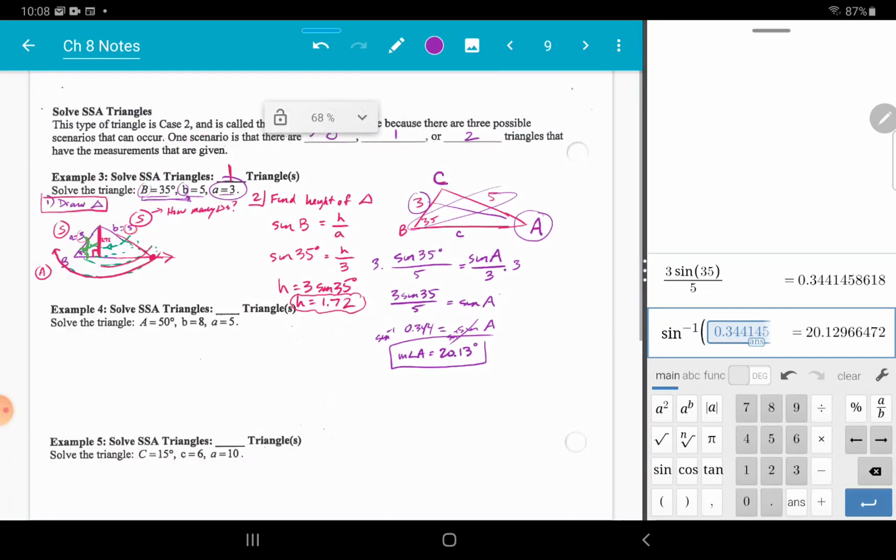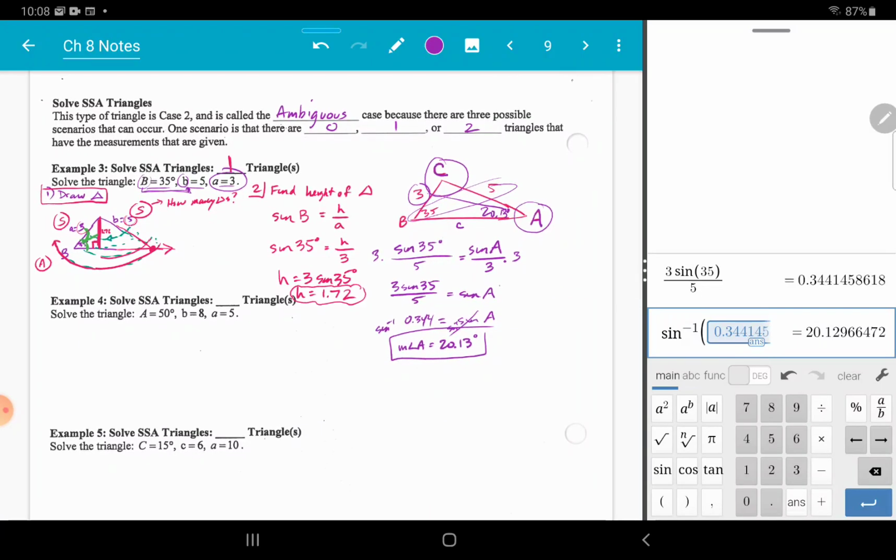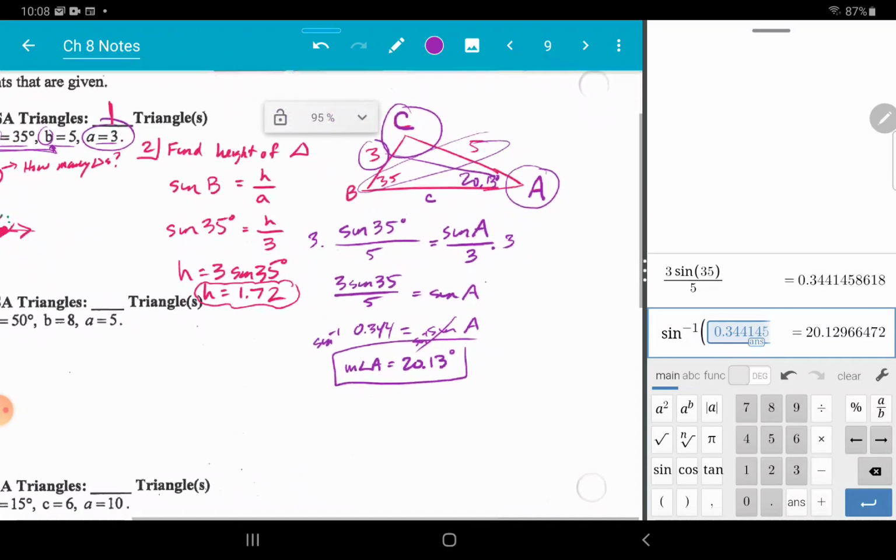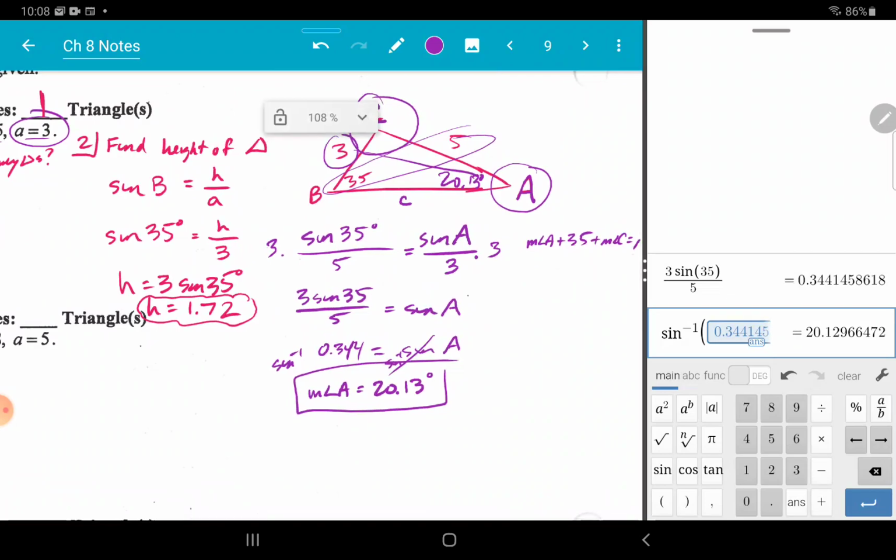Now that I know that this is 20.13 degrees, we can also find angle C, and that's pretty easy to find. We know that a triangle is made up of 180 degrees, so the measure of angle A plus the measure of angle B, which is 35 degrees, plus the measure of angle C is equal to 180. I'll put it over here.